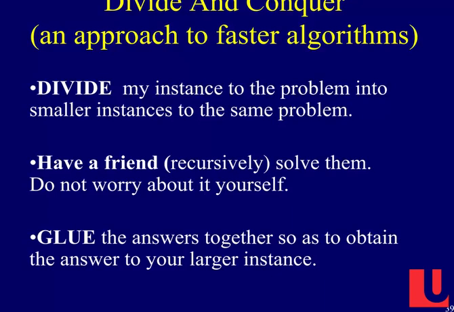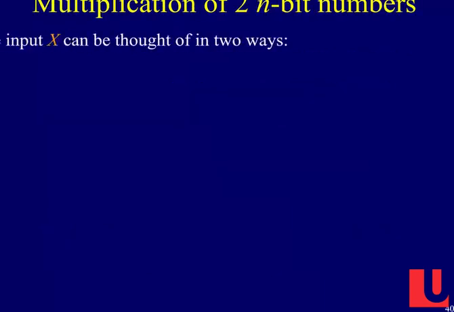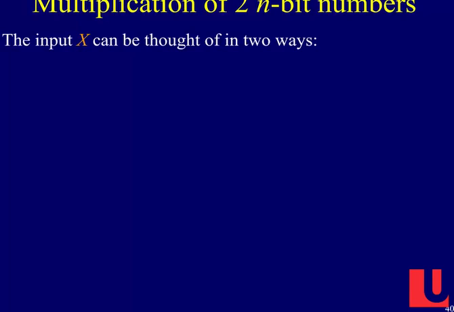All right, so we're going to do recursion, as you've seen already. Now the input x, we can view it in two different ways, and we're going to want to be switching back and forth. One way to think of it is as an integer.